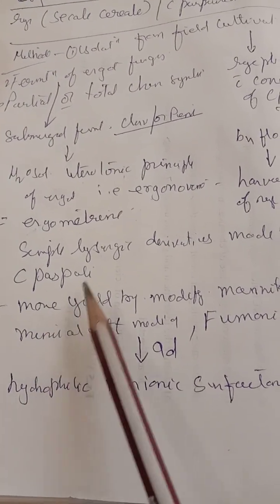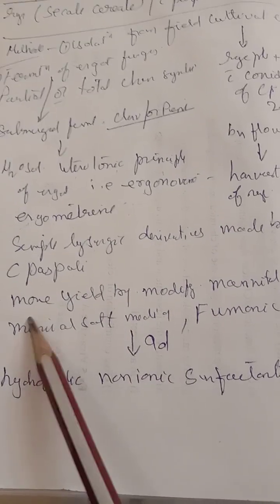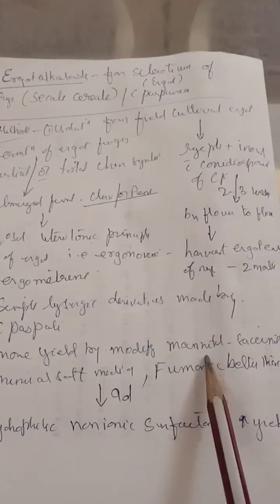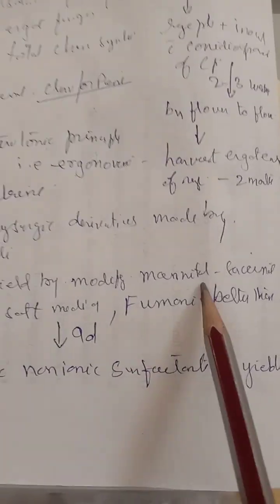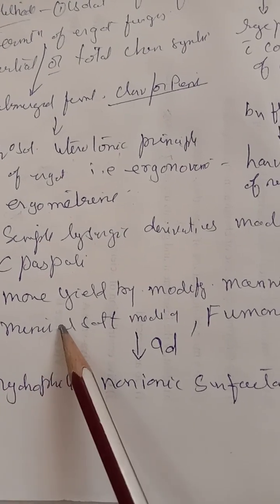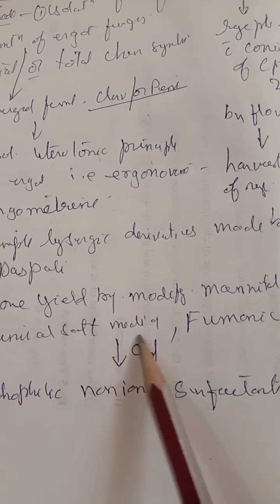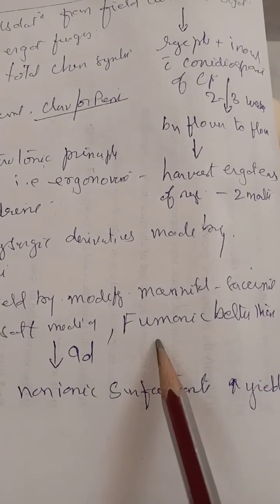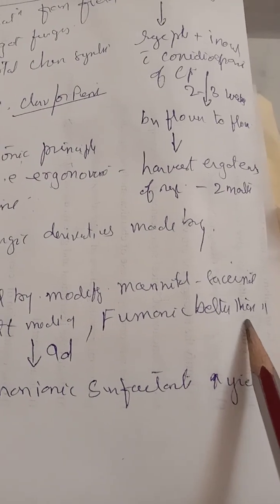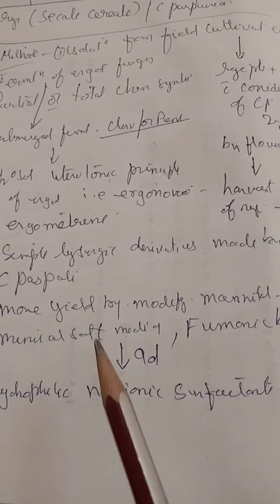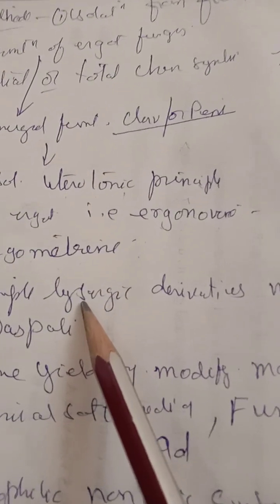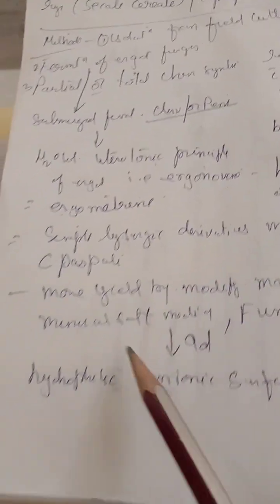You can get more yield of these ergot alkaloids by modifying the media. The media normally contains mannitol, then succinic acid, then mineral salts. Now, in place of succinic acid, you can use fumaric acid, which will give a greater amount of ergot alkaloids, especially lysergic derivatives.